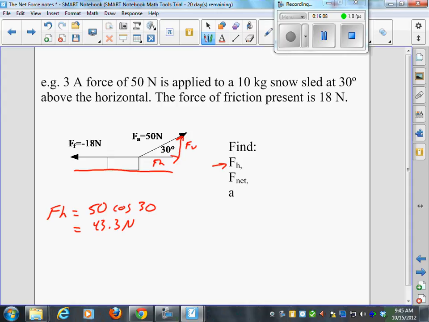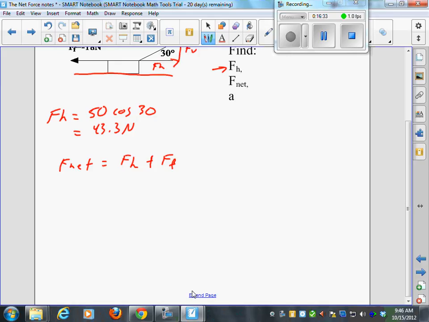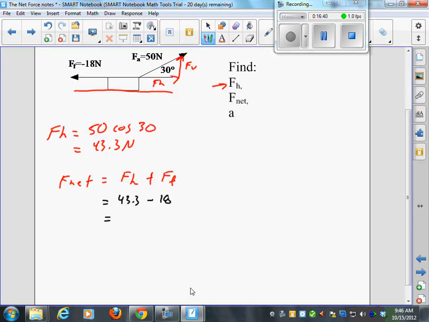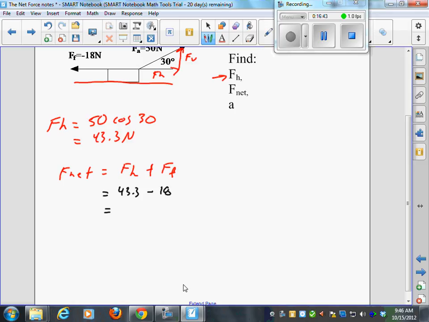Now I've got my horizontal component here. I've got my friction force backwards at minus 18. The net force is the combination of those two. So the net force is the applied force plus the friction force. I guess maybe I shouldn't say applied force. In this case, it's the horizontal component. So that's going to be 43.3 minus 18, which is 25.3.